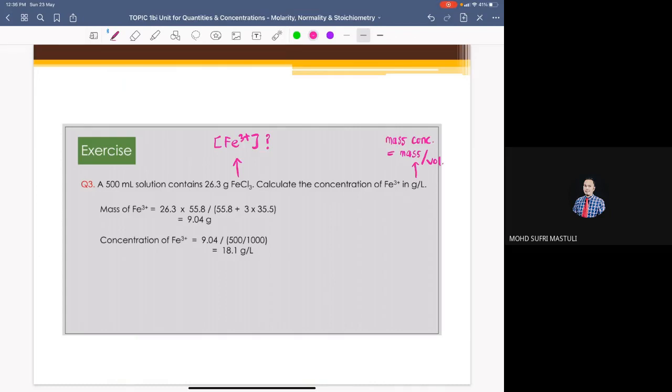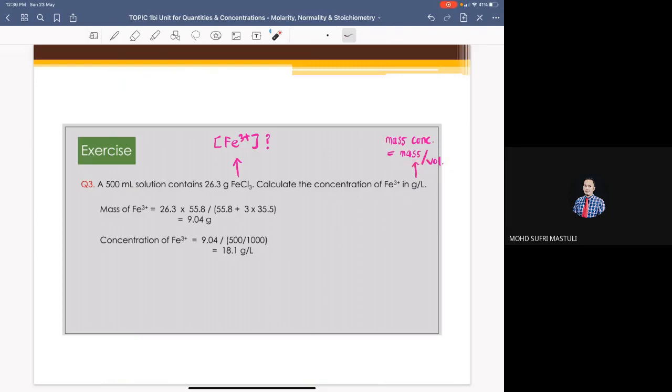From the formula of mass concentration, we need the mass of Fe and also the volume of the solution. The volume of the solution is given, but we have to calculate the mass of the Fe.